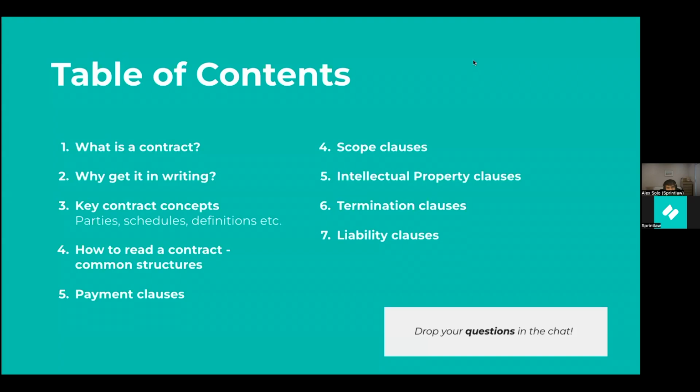So let's get into the subject of today's presentation, which is contract red flags. And really what I'm going to be trying to do is start from the absolute basics, like what is a contract, why do you need to get it in writing?